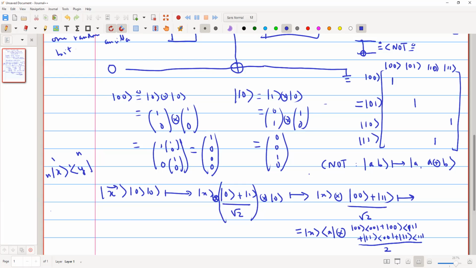And if I have something like X1 tensor X2, which is exactly what I wrote here, this is my X1, this is my X2. I have this X1 tensor X2, and now I multiply it by the bra of the Y's.